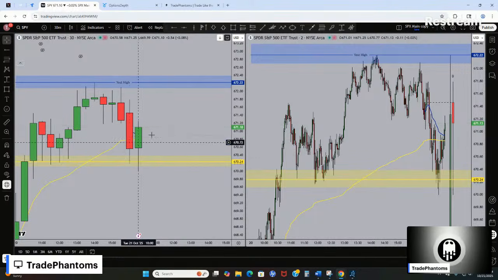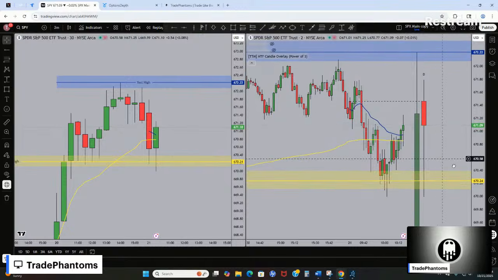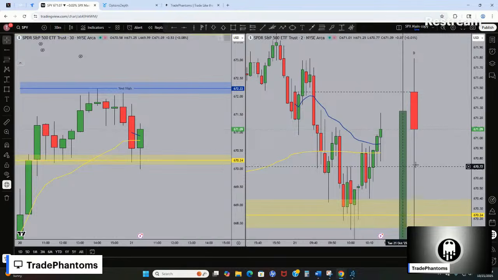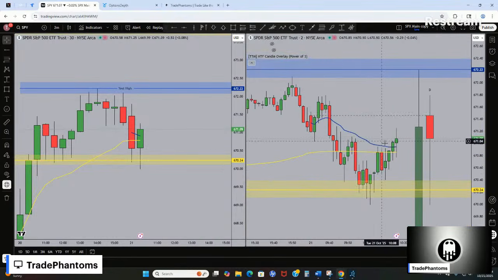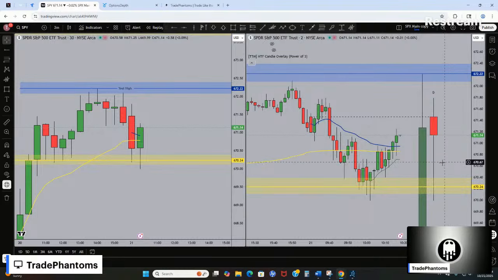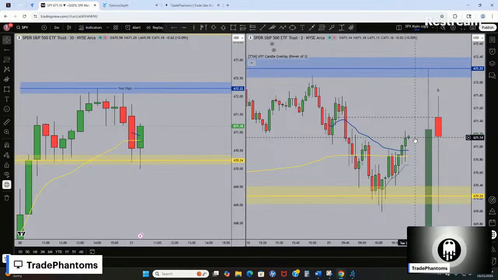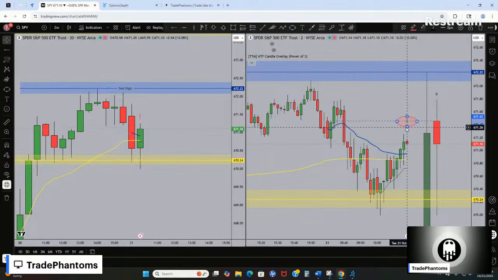First 30-minute bar prints in. All right, but I'd get ready, give or take, to potentially lock in some SPY bullishness.